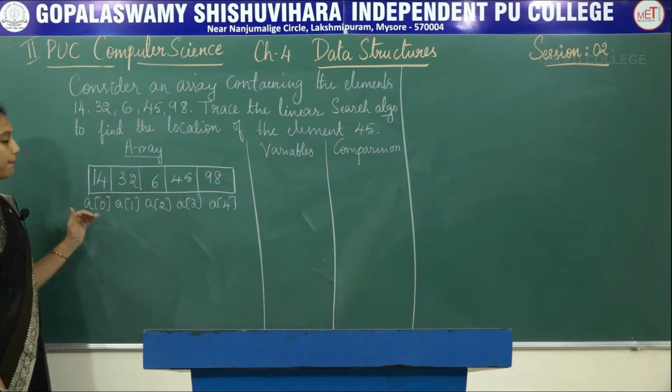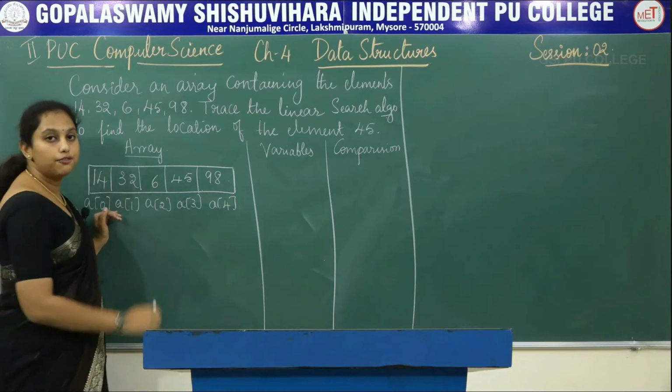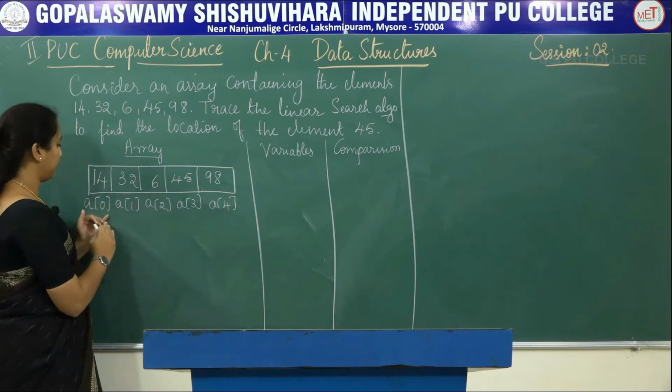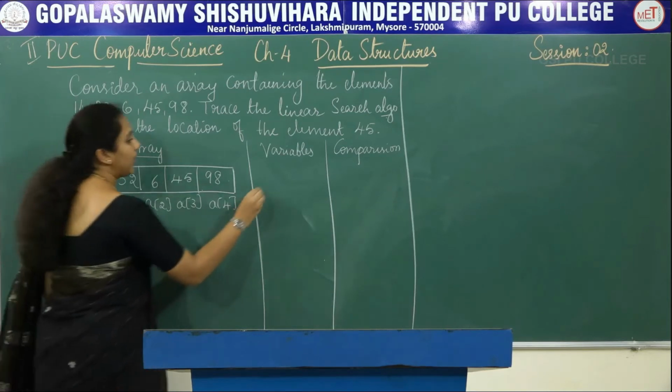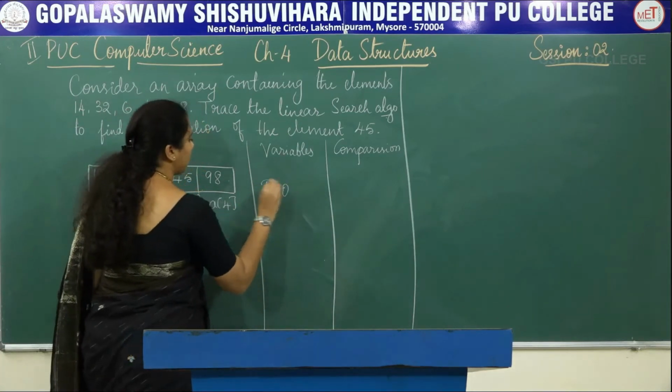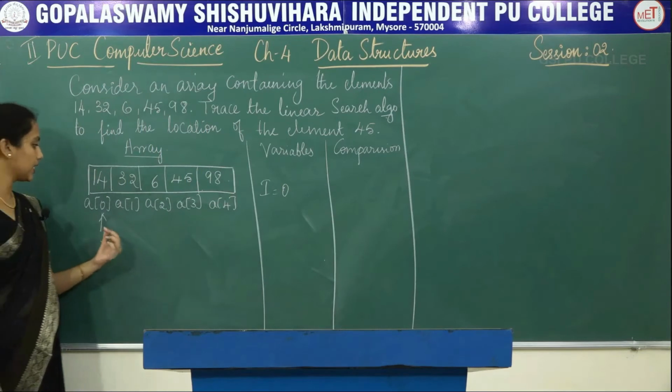The comparison always starts from the first element of the array. The value of I is 0.